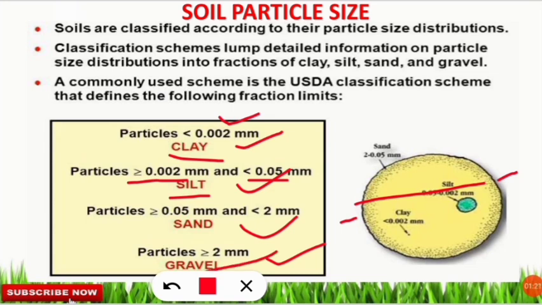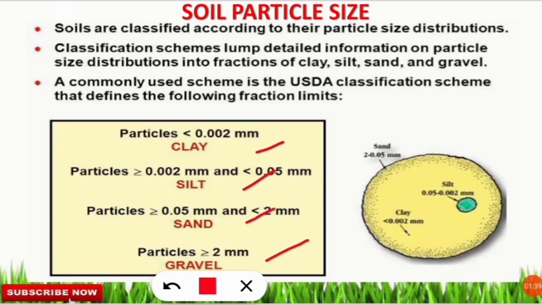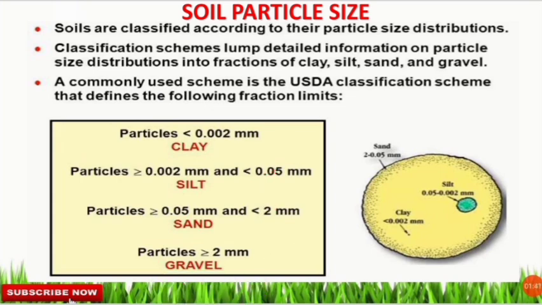And gravel has a particle size greater than 2 mm. You should note down these particle sizes and the increasing order of particle size: clay, silt, sand and gravel. Let's move to the next slide.